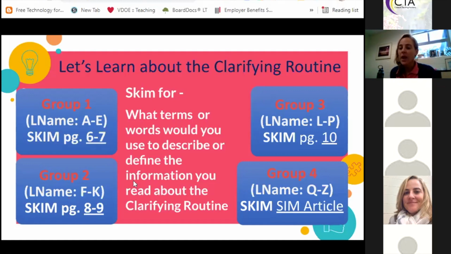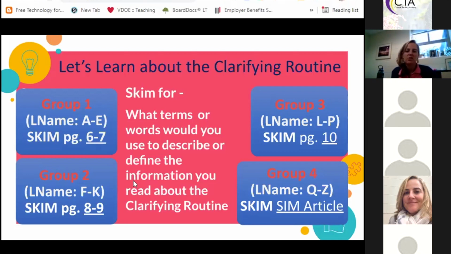I hope the last name works out. If your last name is A through E, you're going to help me out by reading page 6 through 7. It's either in your guidebook or you can use the link that is there. Group 2 is for people that have the last name of F through K, and you're going to read pages 8 through 9. Just skim it; you don't need to highlight and do all of those things at this time.